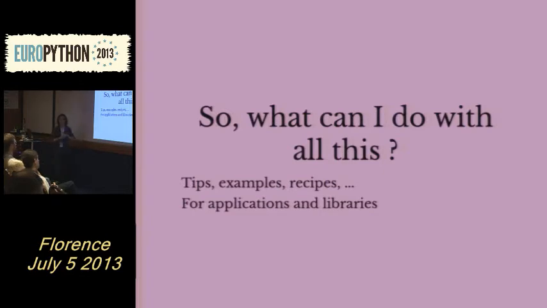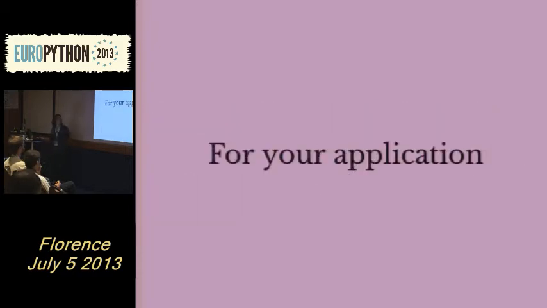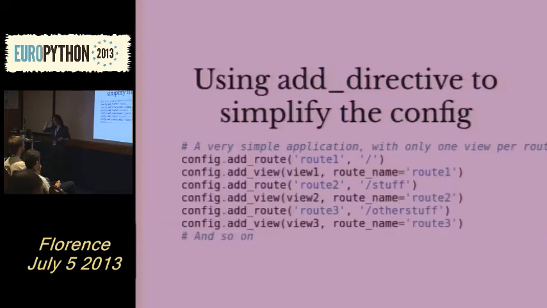I'm going to give you some tips, some examples taken from existing Pyramid extensions, and how to use the configuration to improve application writing. So first of all, for applications, it's possible to use add directive to simplify the configuration.